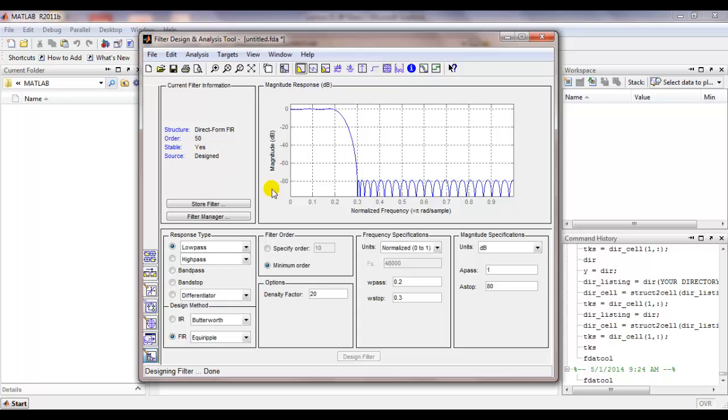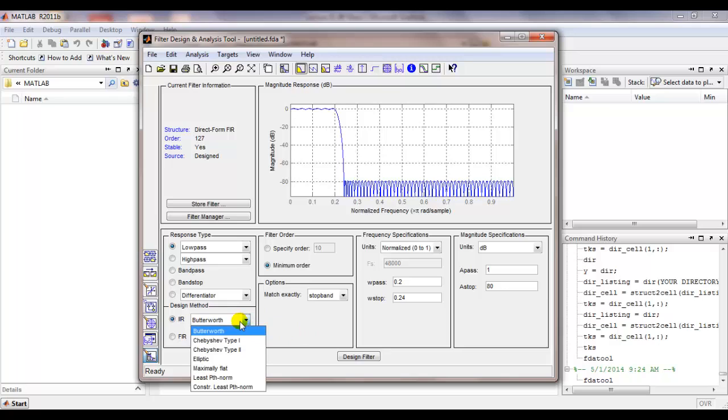If I, of course, make it more stringent, I say I want to go to 0.24, the order will go higher. It's now 127. Now, the only thing I'm going to change is go to IIR. We haven't discussed it yet, but there are 4 main types that you can try to use: Butterworth, Chebyshev 1, Chebyshev 2, or elliptic.